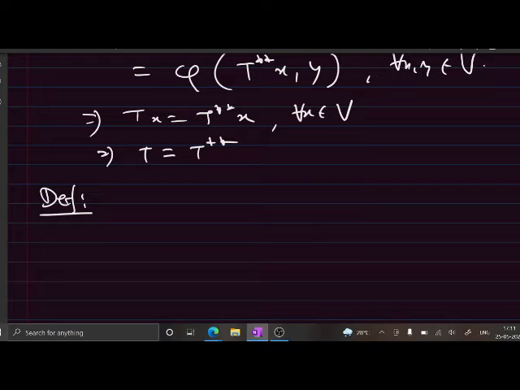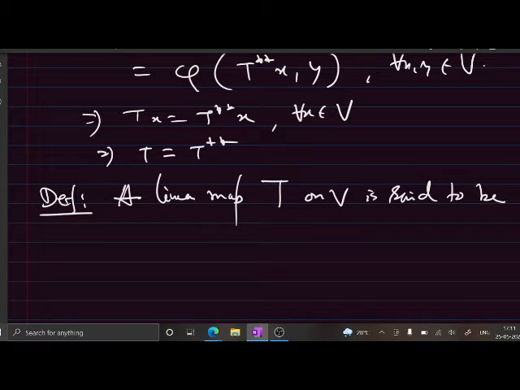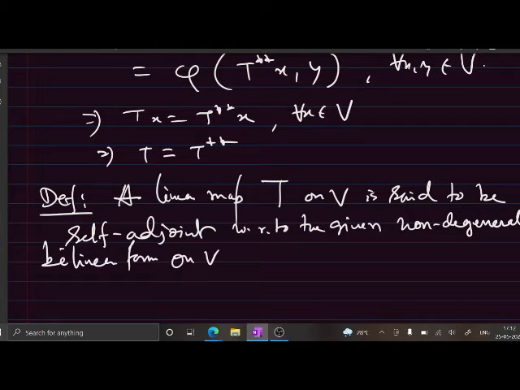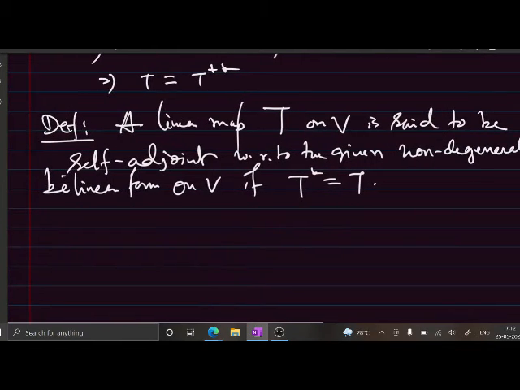So a linear map or a linear operator T on V is said to be self adjoint with respect to the given non-degenerate bilinear form on V if its adjoint coincides with itself.